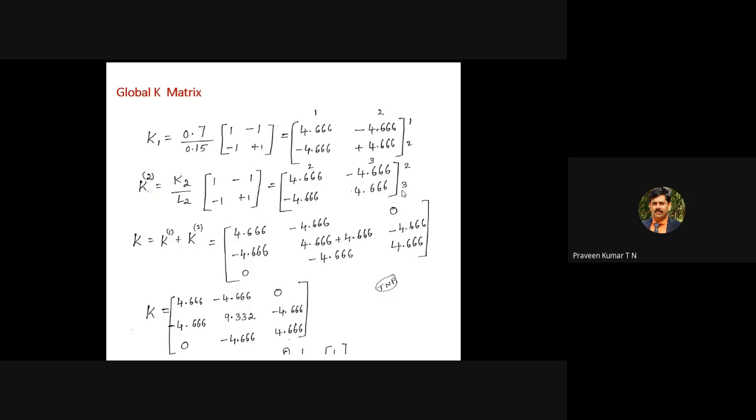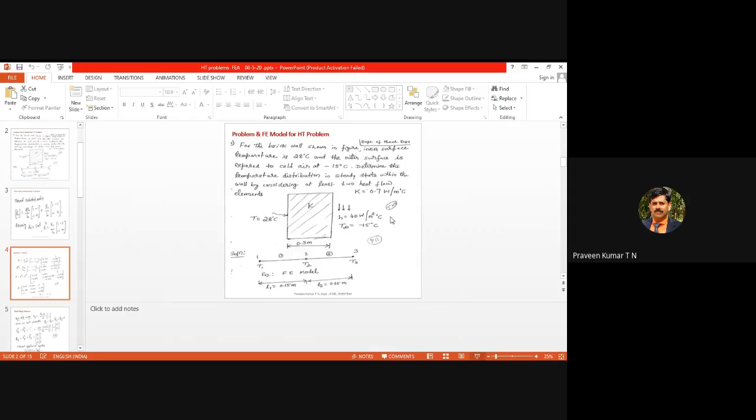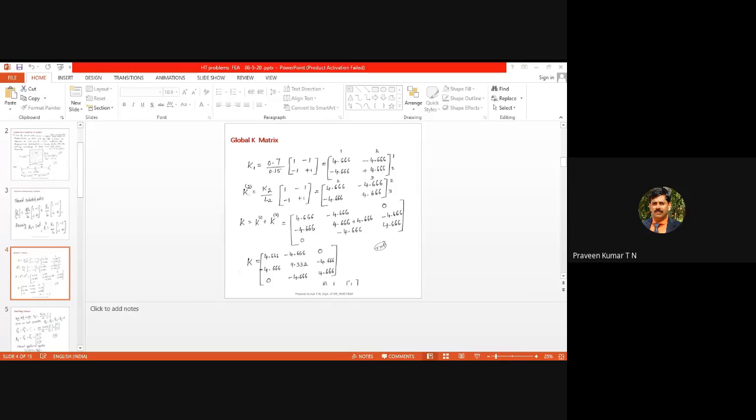But when you come to the heat element or thermal element, each node has only 1 degree of freedom. That is the temperature. At node 1, temperature is T1. At node 2, temperature is T2. At node 3, temperature is T3. So we have only 1 degree of freedom for each node of the heat element or thermal element.